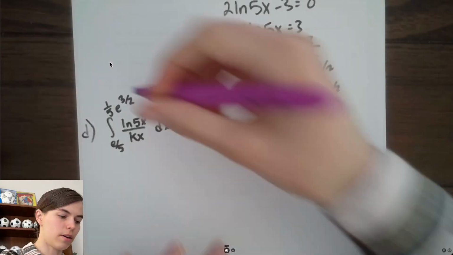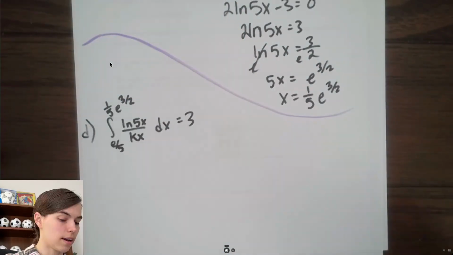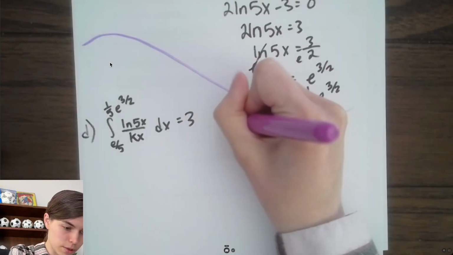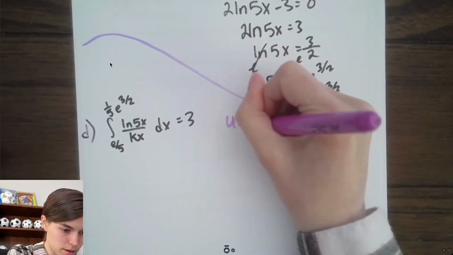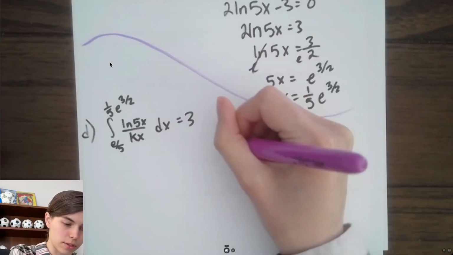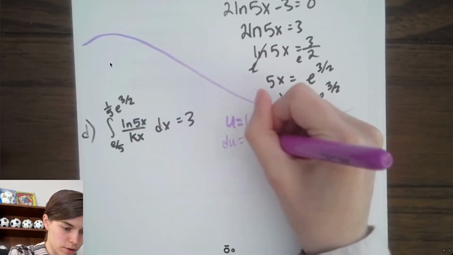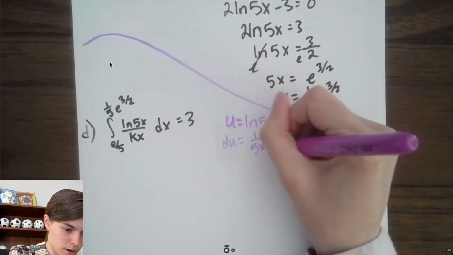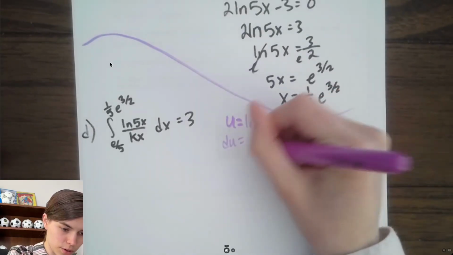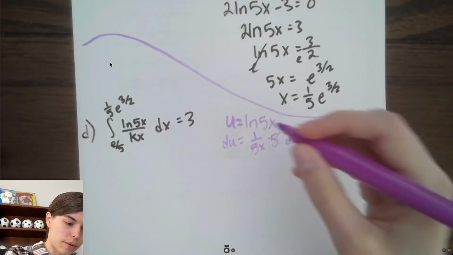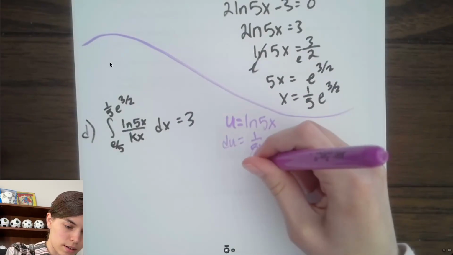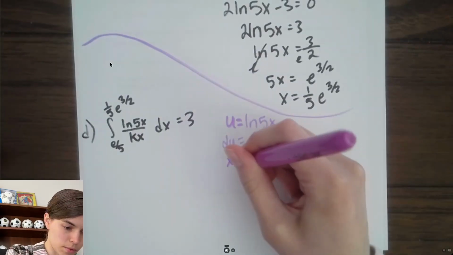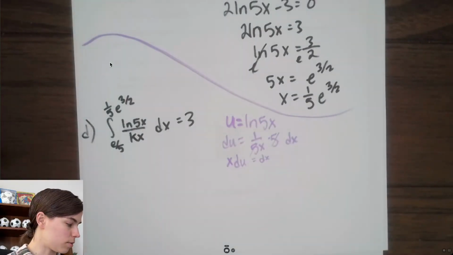So here we have a bit of u-substitution, and I'm going to set my u to be the top there, the ln of 5x. Means du is 1 over 5x times 5 dx, or just 1 over x dx. So that means whenever we plug in for dx, it is going to be x times du. So now let's plug everything in terms of u.